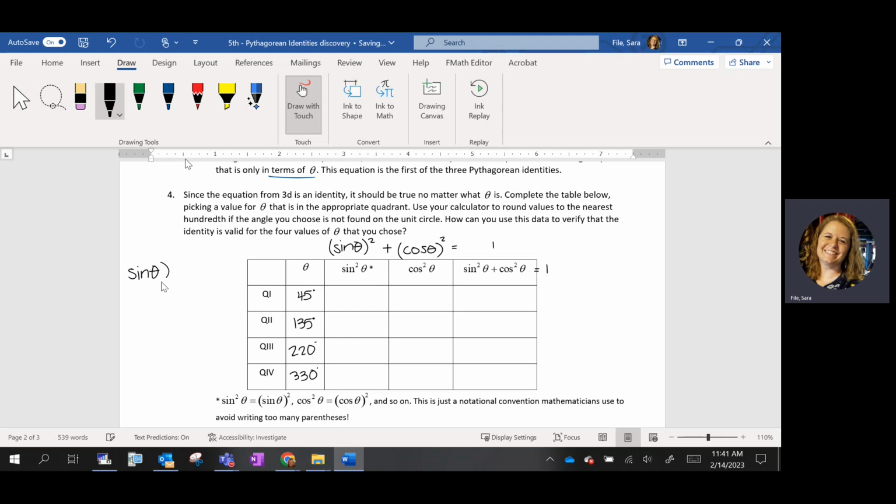Sine of theta in parentheses squared is the same thing as sine squared of theta. It is the trig value that's being squared. It's not theta that's being squared. Y'all understand that? If you need to make a note that this does not equal sine of theta squared, that is not the same thing.